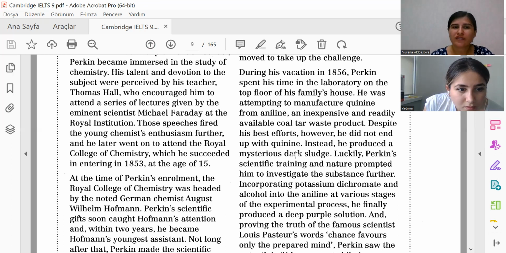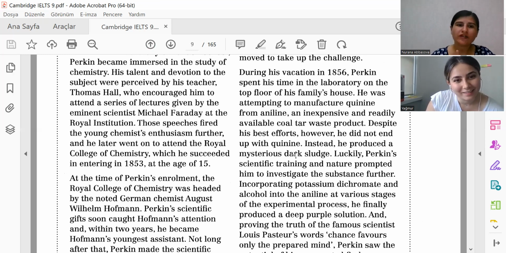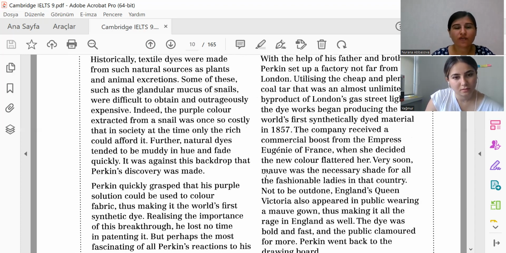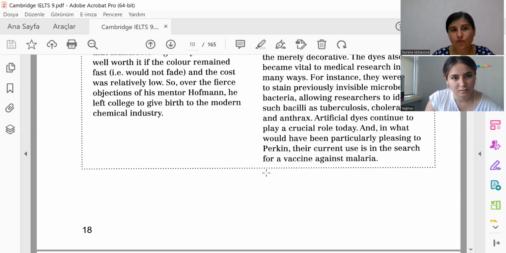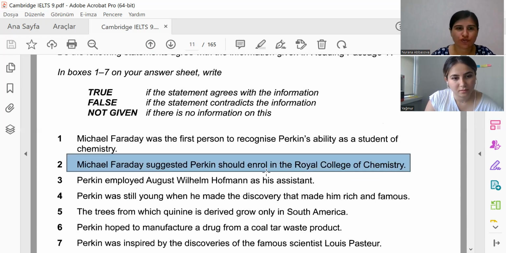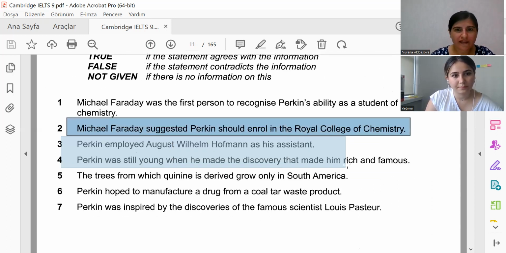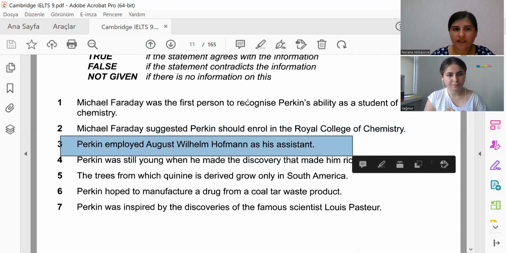So it looks like it is not given, yes? But in order to be on the safe side, we take note. We write not given, but we have to find the answer to the following question to be 100% sure. The second question was not given. We will double check it, okay?